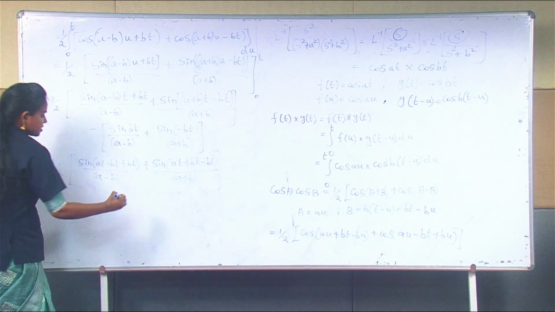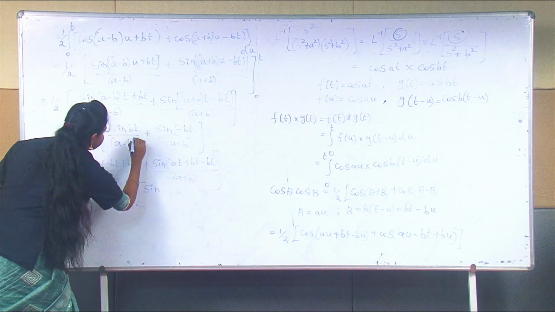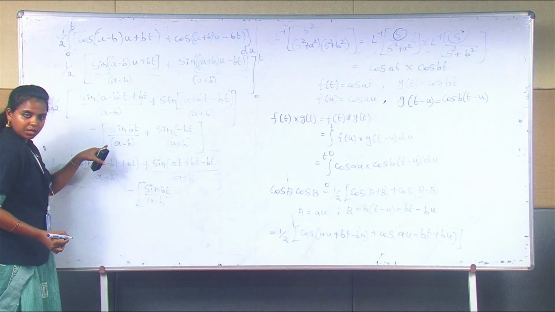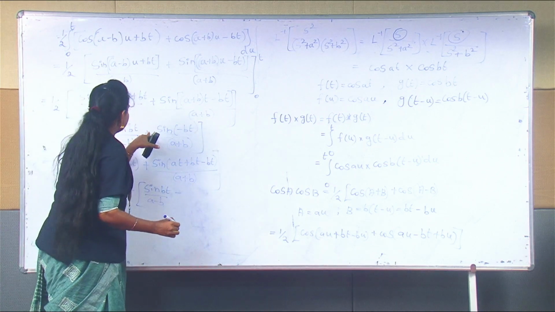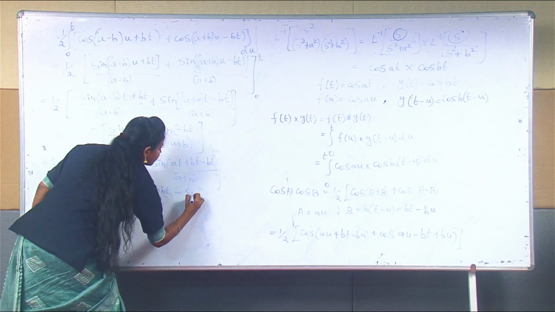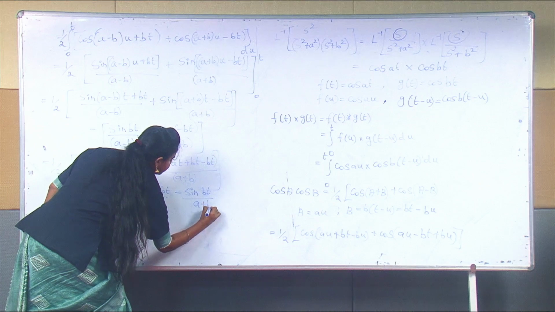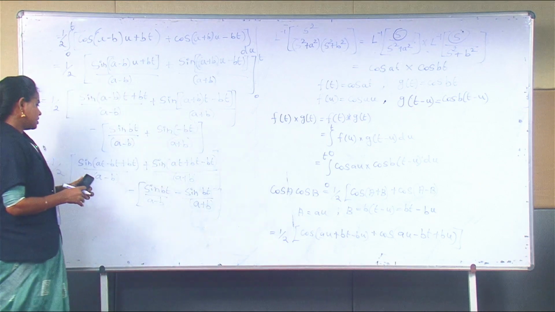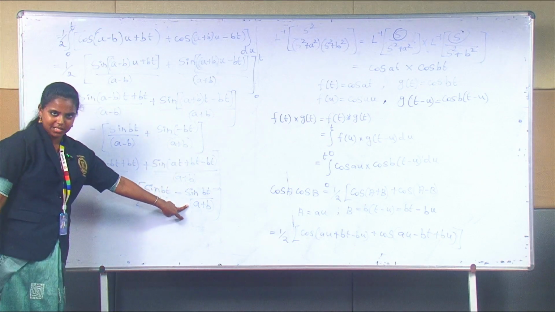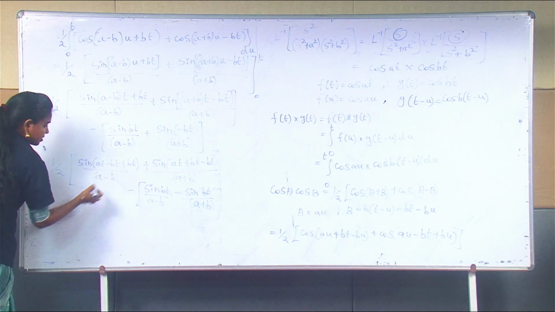Next, in the upper limit we are having, with lower limit substitution, sine bt divided by a minus b. Okay, here plus sine of minus theta is minus sine theta. So that we are using here: sine bt divided by a plus b. So just see, here also we are having a minus b, a plus b, a minus b, a plus b. It has some format.